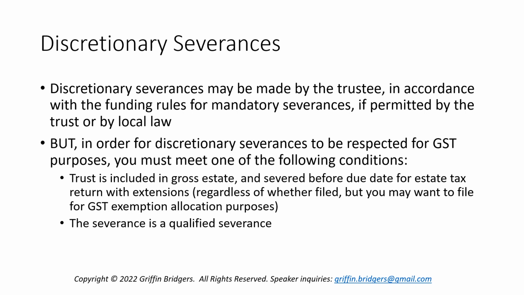Next, we have discretionary severances, where we're going to look at this from the perspective of the trustee having the discretion to divide up the trust. Now, we're moving on from the first set of regulations into a second set, 26.2642-6, which is going to apply to what's known as the qualified severance rules.